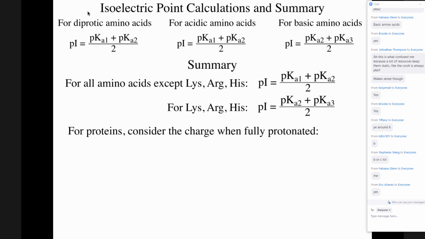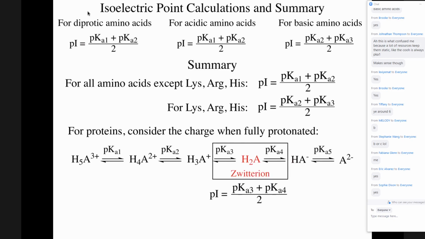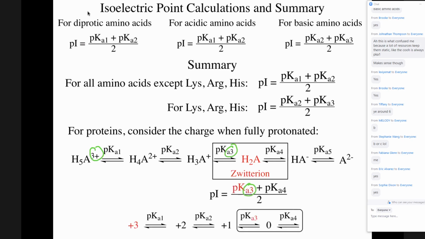So now it's going to take a little more work. I'm going to tell you the shortcut in advance, and we're going to work backwards to it. The rule is still going to be this: whatever the charge is when it's fully protonated, that will always be this number, which is always this number. They will always go together. So as long as I know that it's +3, do I now know that it's 3, 3?